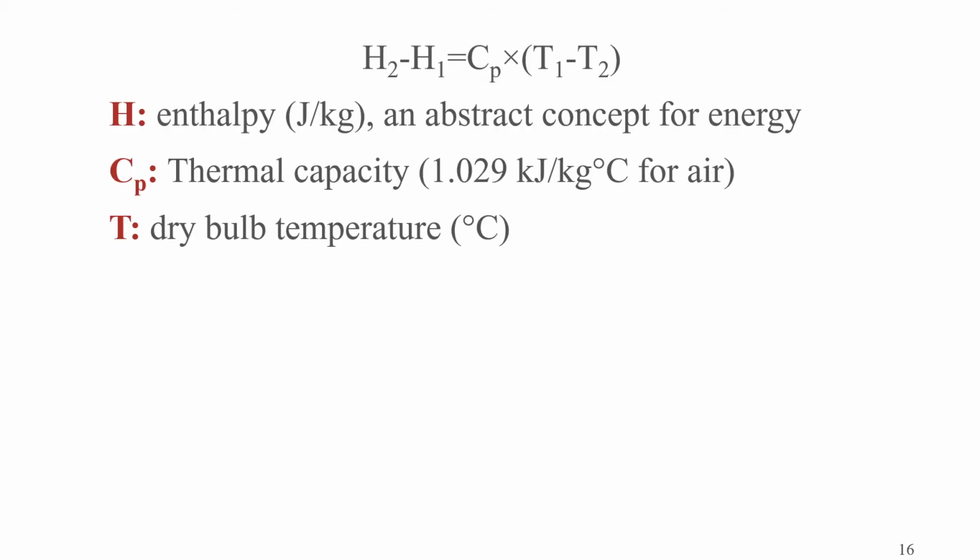For ideal gas, enthalpy is a function of temperature only. The change in enthalpy equals the thermal capacity of air times the change in dry bulb temperature. Normally, thermal capacity is known as 1.029 kilojoules per kilogram Celsius degree.